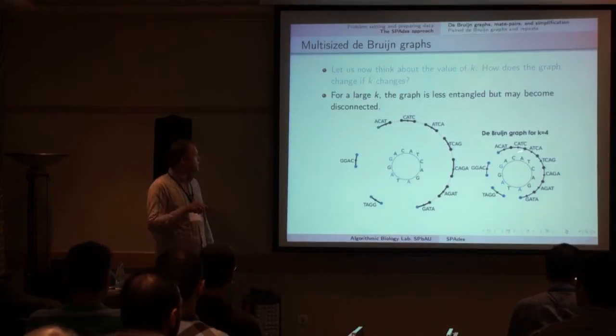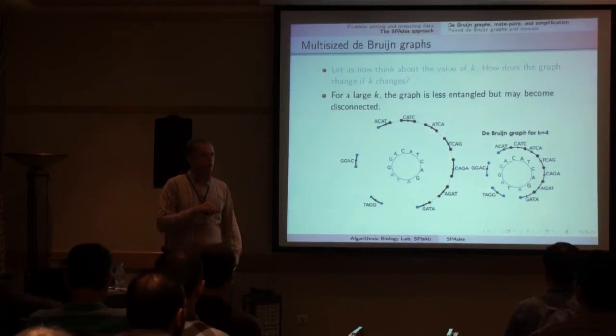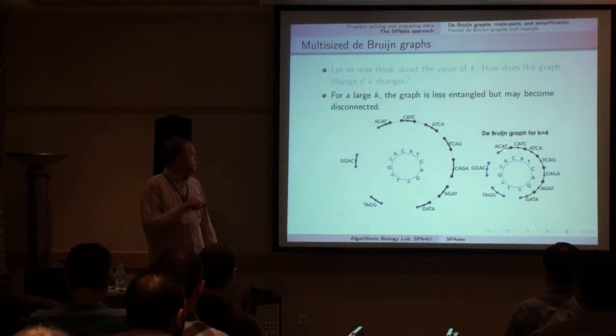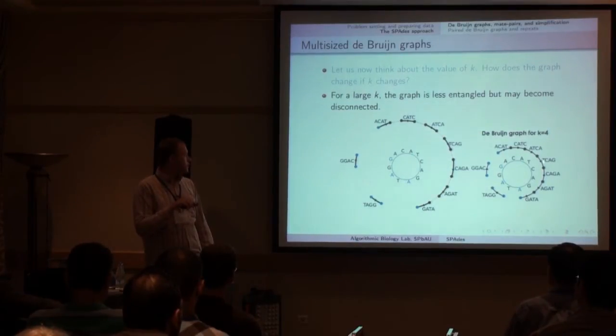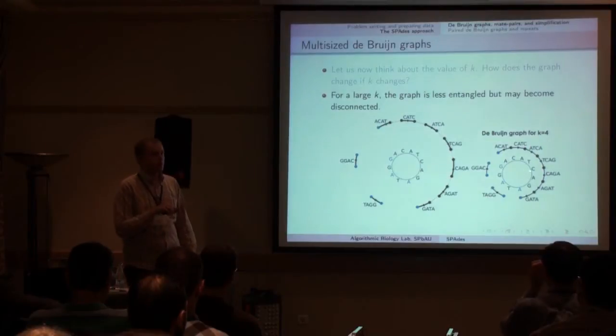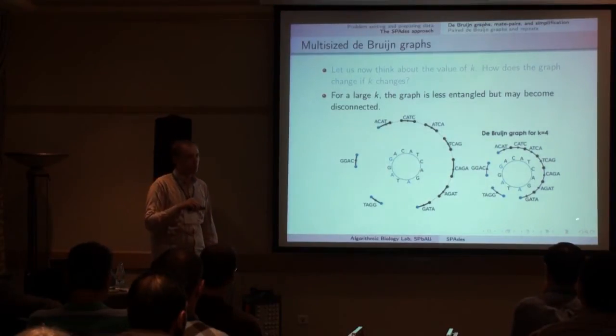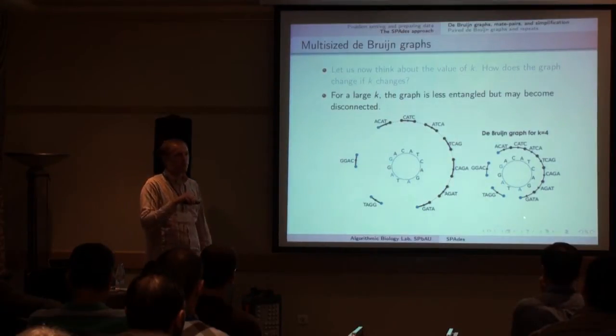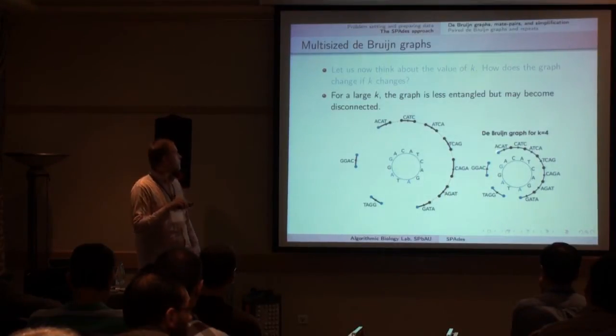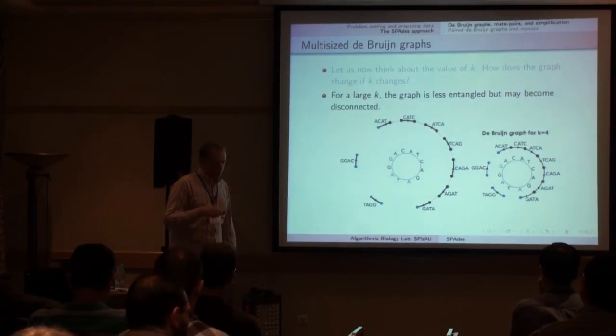On the other hand, for k equals 4, you get very simple connected components in the graph. You get a single straight path that unites half of your genome. But the problem here is that the graph has become disconnected. Because you have increased k, you have introduced gaps in the coverage with this k. Right? So there is a trade-off here.